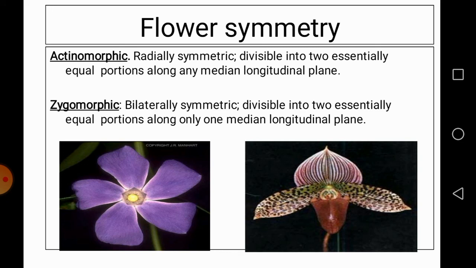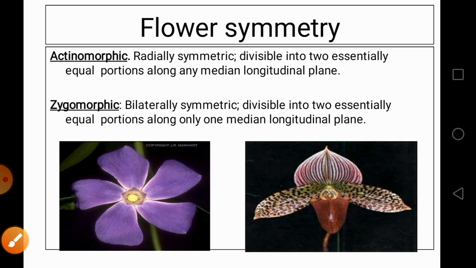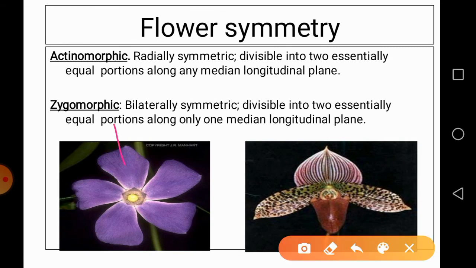So if you give a proper cut from any direction, it will divide your flower into symmetry. So from any direction, if you cut the flower, it will divide into always two equal parts. So such a type of flower is called as a symmetrical flower or actinomorphic flower.